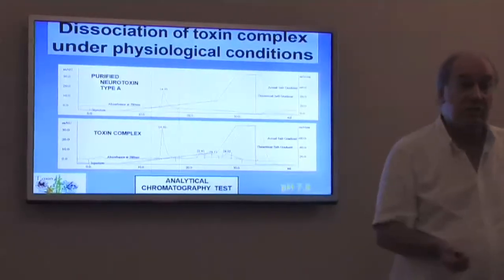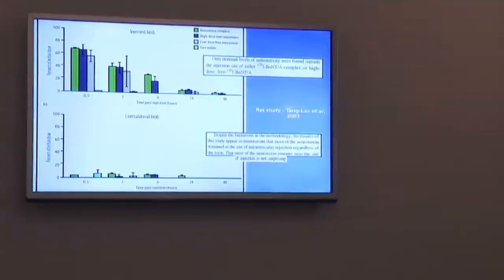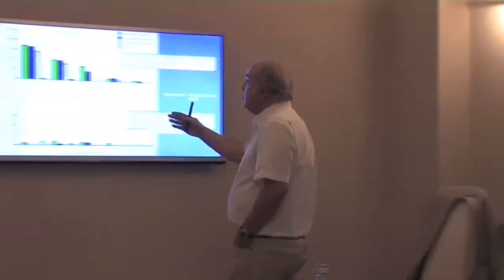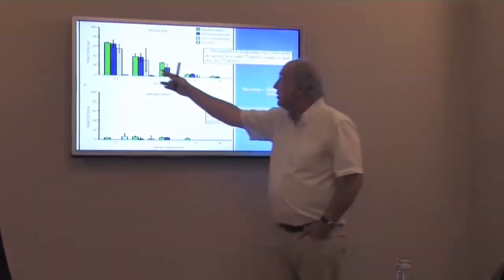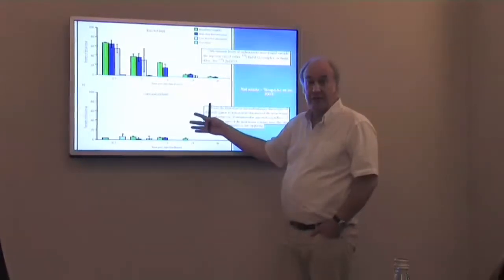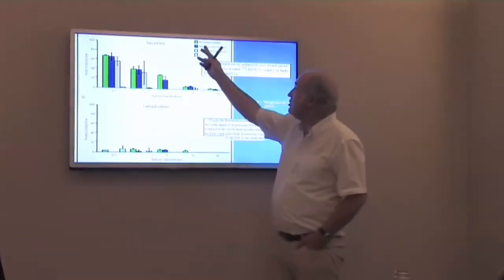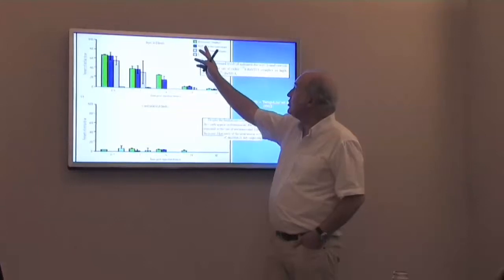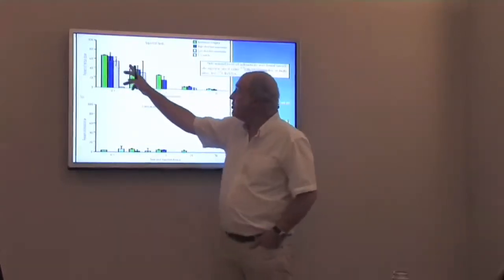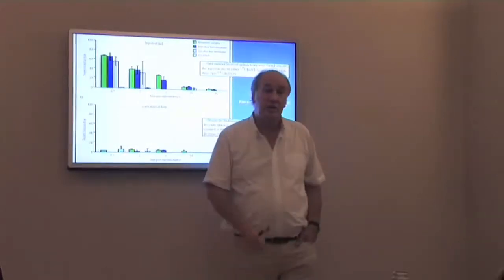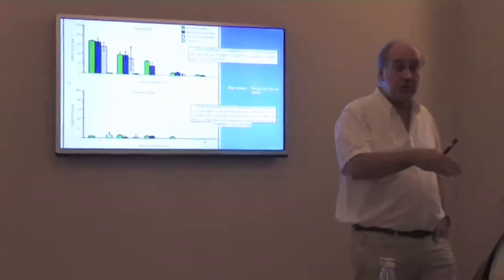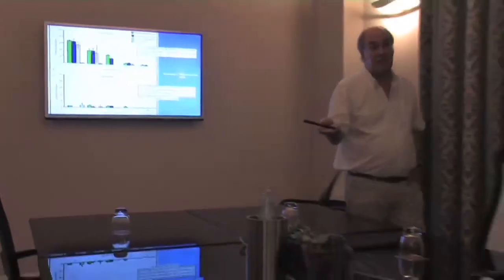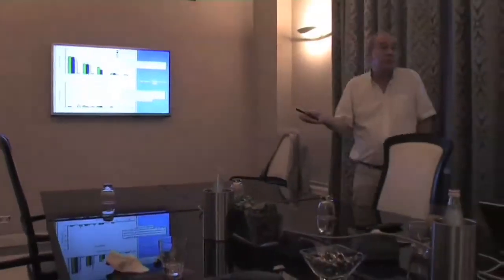We showed that a long time ago, and that they showed no difference. In this study, this was a rat study, they showed no difference whether you used high dose or low dose toxin, free toxin or complex. You see, there's no difference here at all, none whatsoever. So it didn't matter whether you used free toxin or you used complex when you did the experiment. You ended up with the same results.